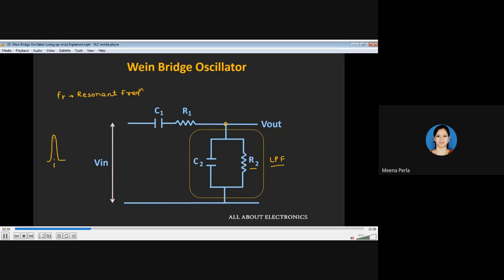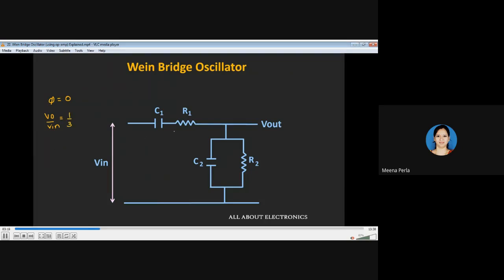Only at one particular resonant frequency, the output of the circuit will be maximum, and at the rest of the frequencies, the output will be minimum. At this resonant frequency, the phase shift of the circuit will be equal to 0 and the ratio of output by input will be equal to 1 by 3.